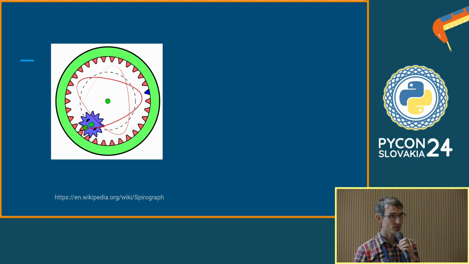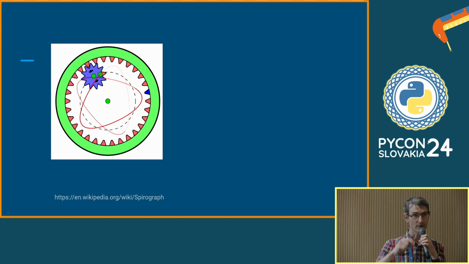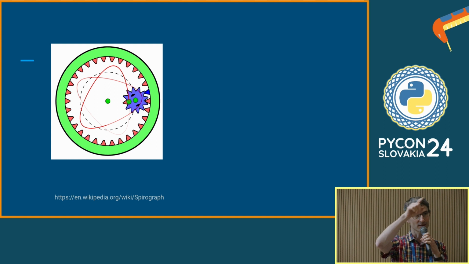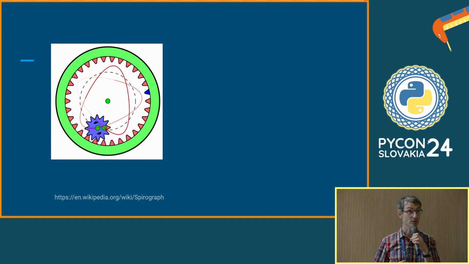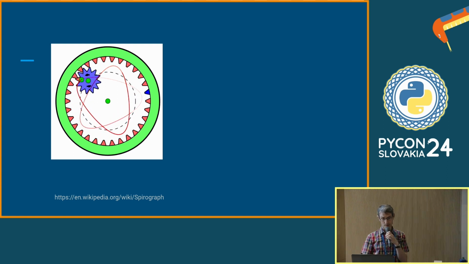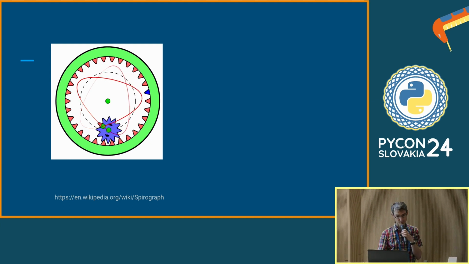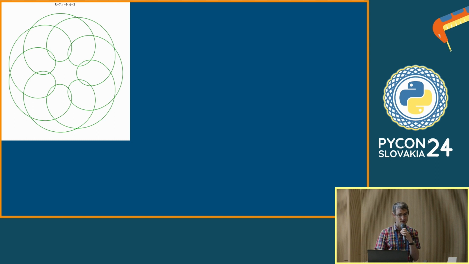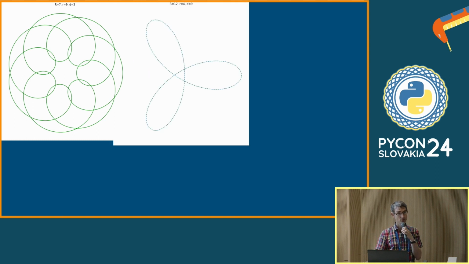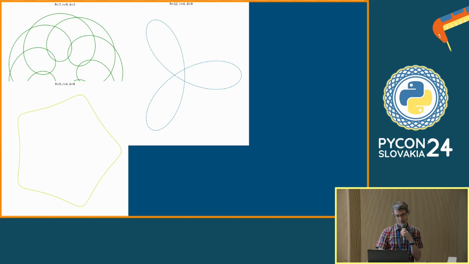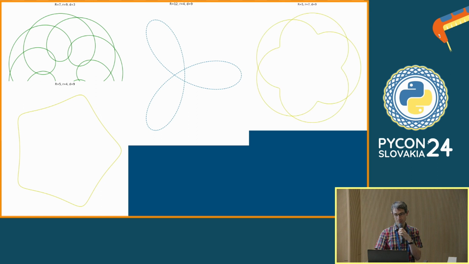And whenever you create a curve by rolling one wheel in another wheel, that's called a hypotrochoid. And this pentagon is one of the possible hypotrochoids. They can also look like this, or if you use a different small wheel, it can be this shape. This is a pentagon in another form.